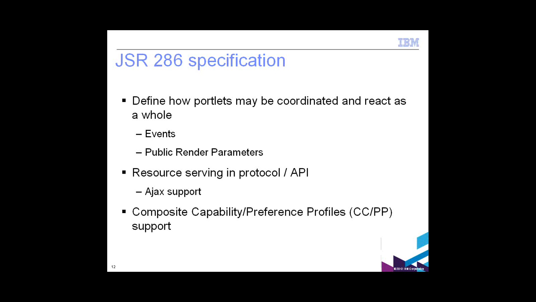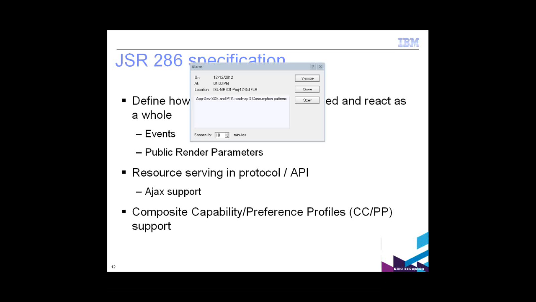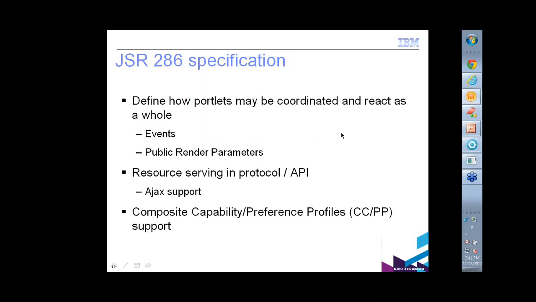What this public render parameter means is, if you set the city name as a public render parameter, in other words, you're setting this city as a request parameter which is visible to all the portlets since it's public, then all the portlets will be able to read that city and show the content accordingly. So you'll see the weather according to the city that was entered, maybe Delhi or Bangalore.